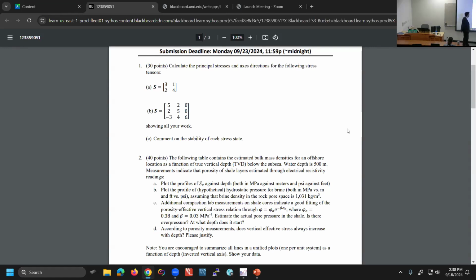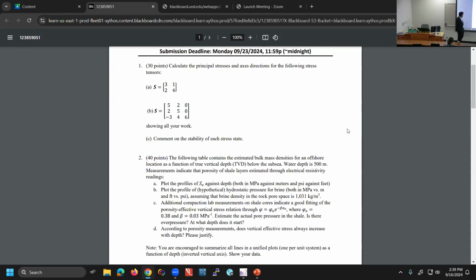Estimate the actual pore pressure in shale. So basically, you need to solve this equation and somehow calculate the pore pressure from it as the depths go down. According to porosity measurements, does the vertical effective stress always increase with depth? Please justify.